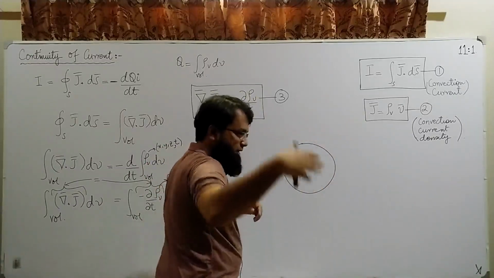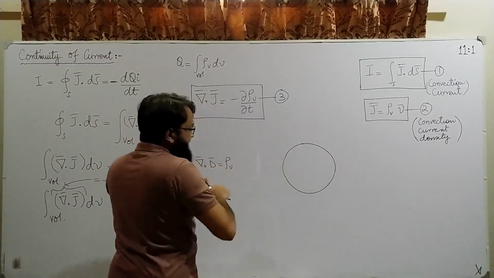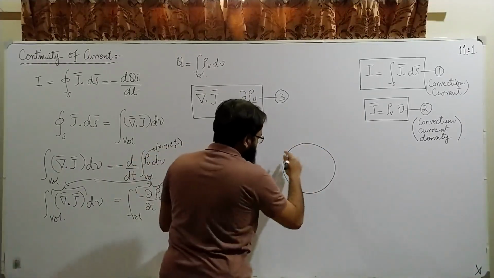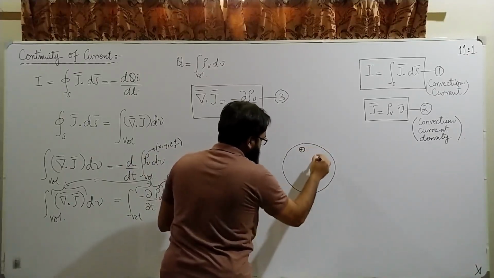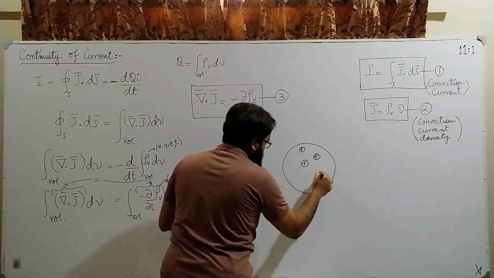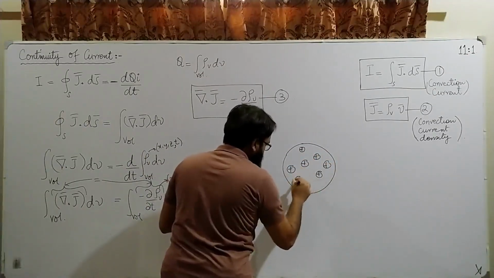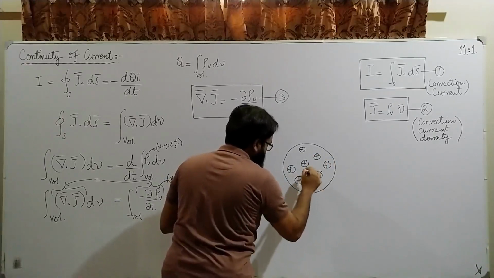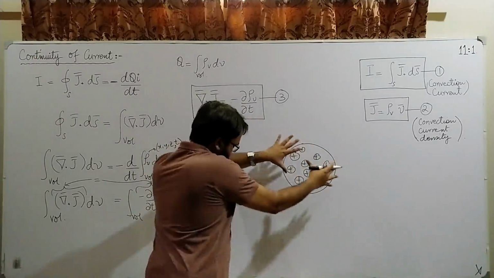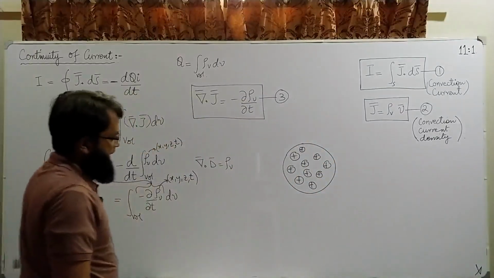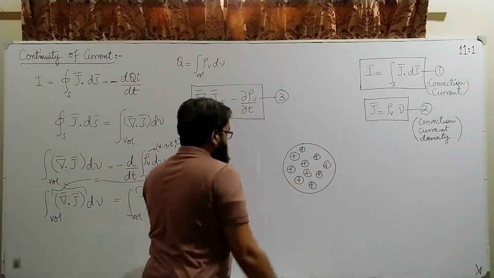Perhaps this is the z-axis and this is the cross section of the conductor, and let's say positive charges are going into this whiteboard, symmetrically distributed throughout this cross section. The charges are flowing along the conductor.